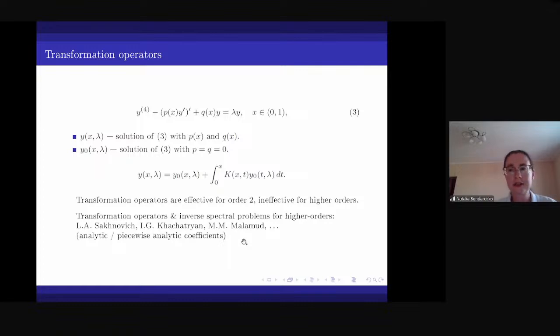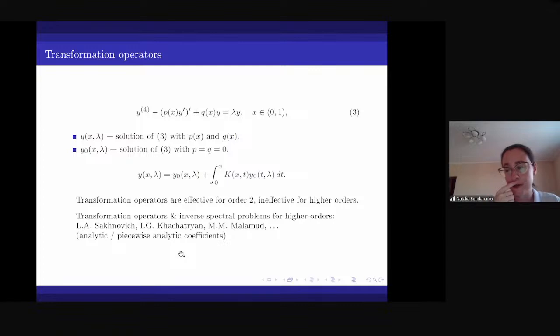So they comprehensively studied this question, and they obtained some results for higher order, but all these results are concerned with analytic coefficients or piecewise analytic.